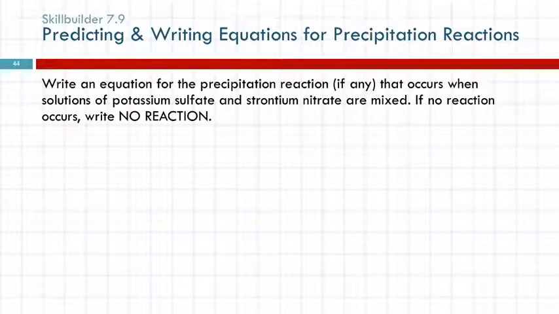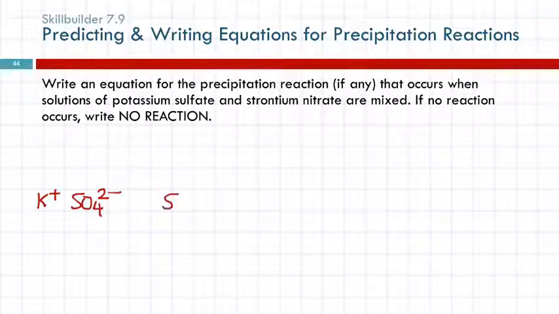Let's do another one. I don't know why they had this on here. If no reaction occurs, write no reaction. That should be like on the first one. Anyway, write an equation for the precipitation reaction, if any, that occurs when solutions of potassium sulfate and strontium nitrate are mixed. Okay, so potassium is K plus, and sulfate, SO4, 2 minus, because it is.